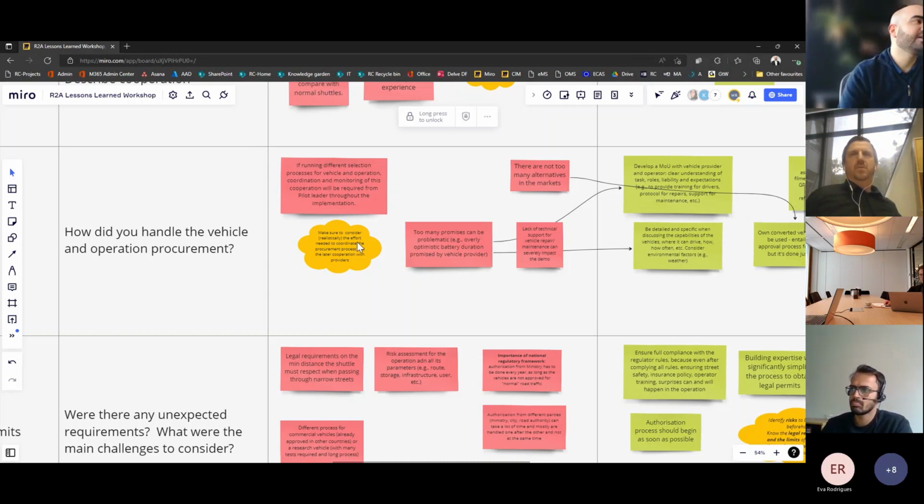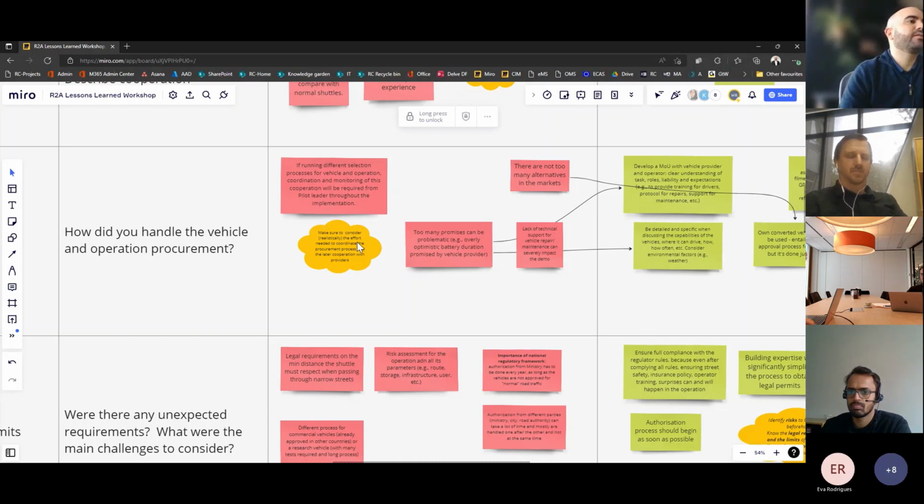So for instance, in relation to battery duration, one of our partners had the experience that this was rather too optimistic, and then they had to rearrange their schedule and route in terms of how to charge it, and maybe reduce operating time and so on.